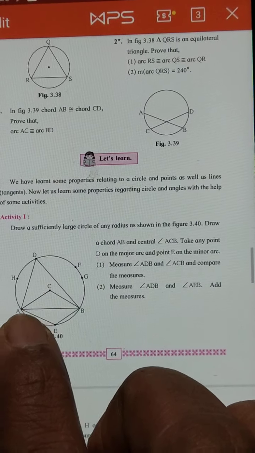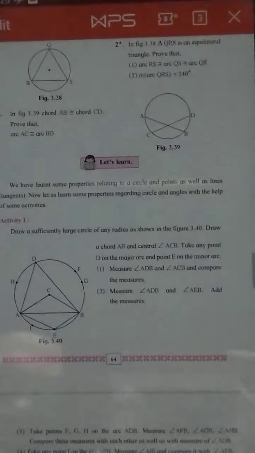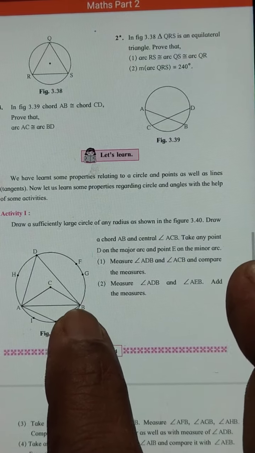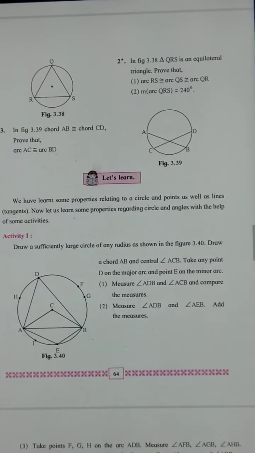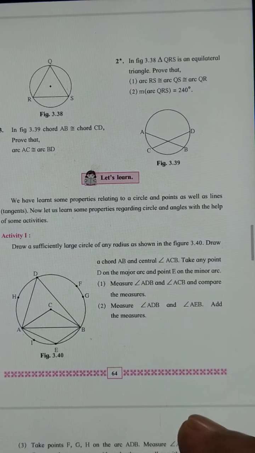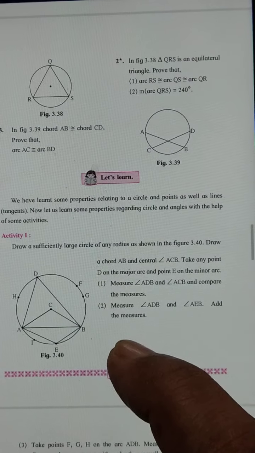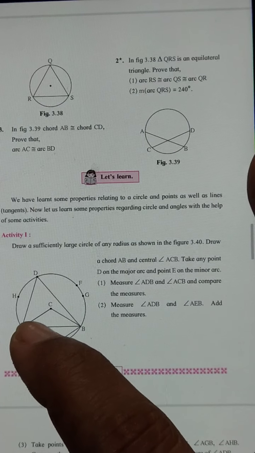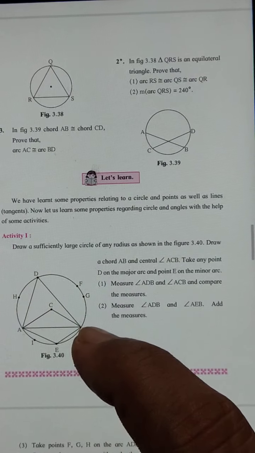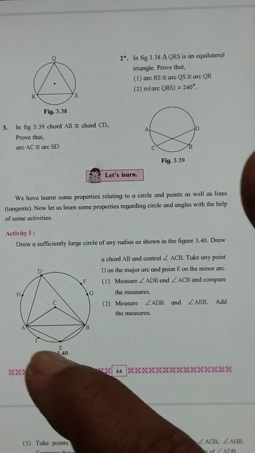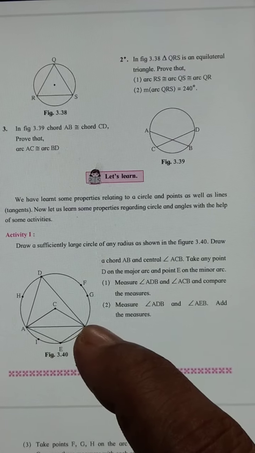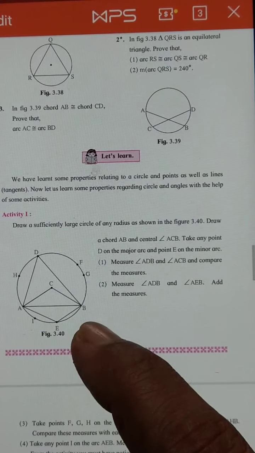And angle ACB is twice of angle ADB. Here you will also find angle ADB plus angle AEB is equal to 180 degrees.